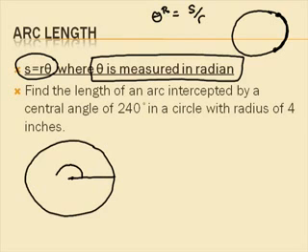This would be 180. I want to go more than that, so 240, maybe something like that. So this would be 240 degrees. So I want to find the length of the arc from here all the way over to here, given that my radius is 4.